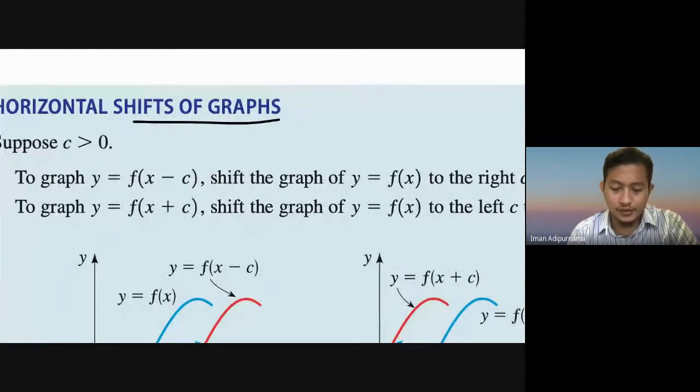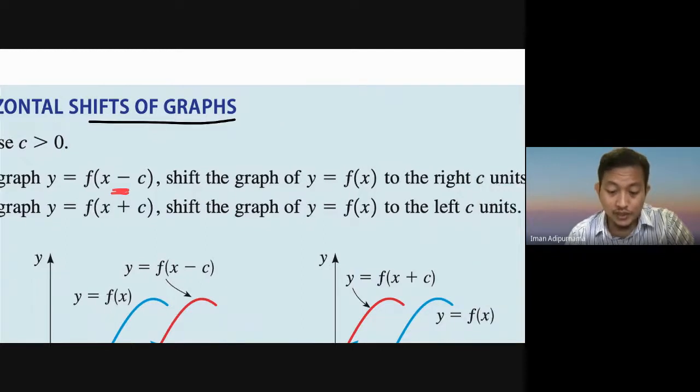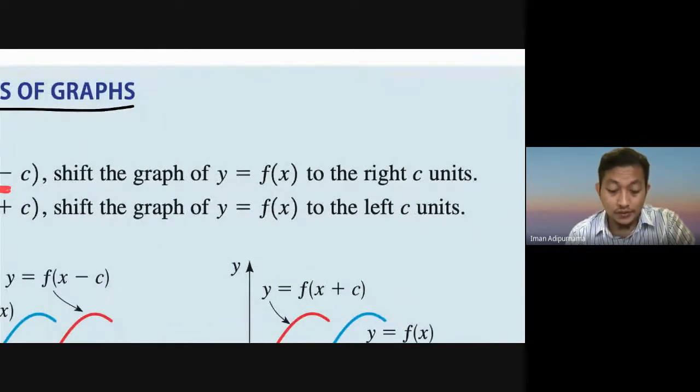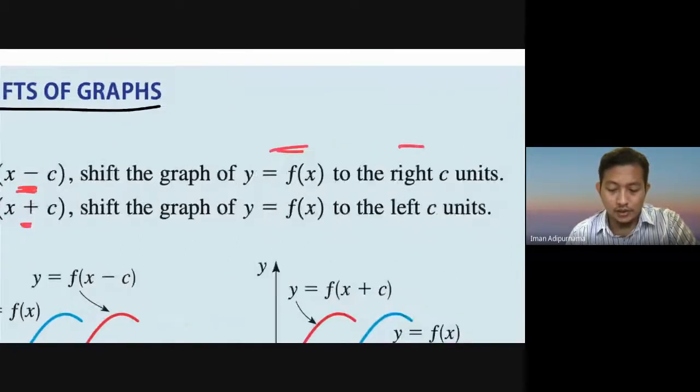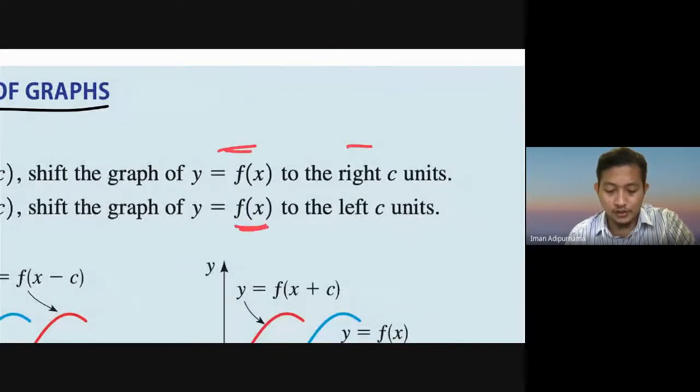To graph this, x minus c here, so x minus c is f of x minus c. We need to move the function to the right. And for plus, you need to move the function to the left.